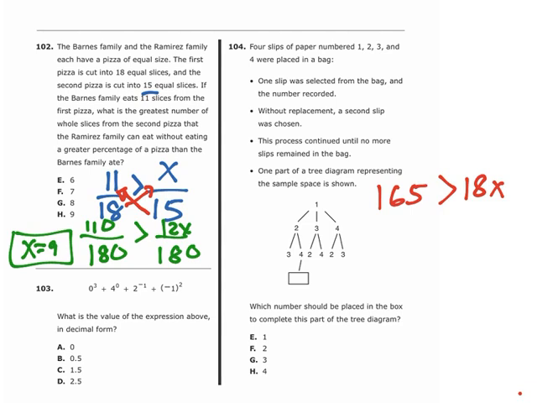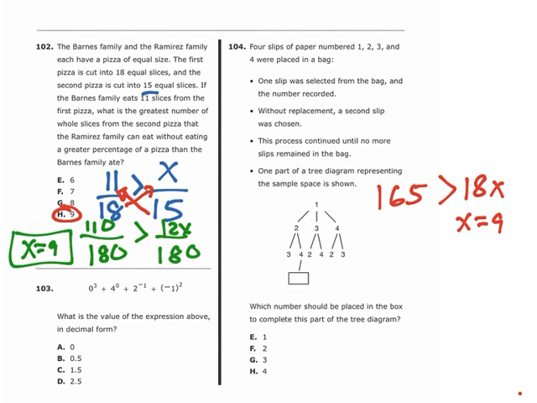So we have a similar sort of setup. If x is 10, 180 is not going to be less, 180 is going to be greater. And if x is equal to 9, then the right side is going to be 162, which is less than 165. All right, we can also just try some numbers and see what works. So 6 will work, 7 will work, 8 will work, and 9 will also work. 10 won't work.